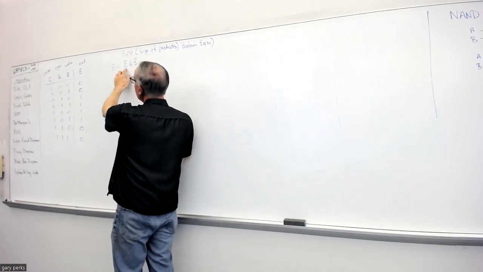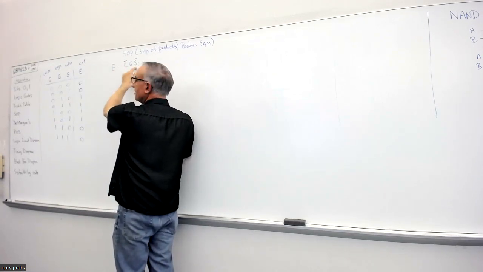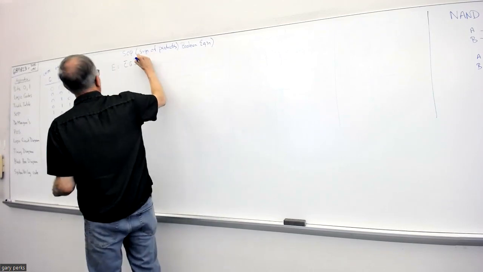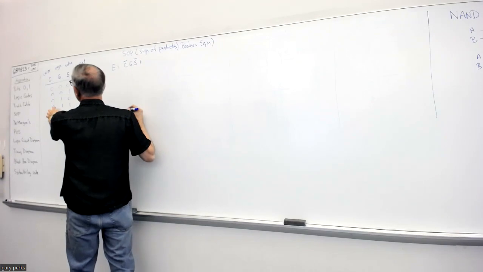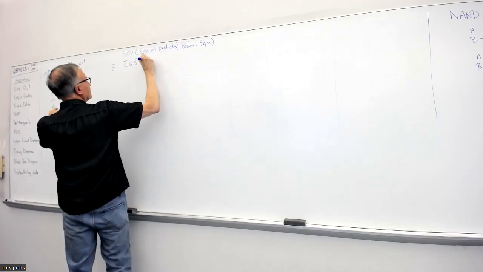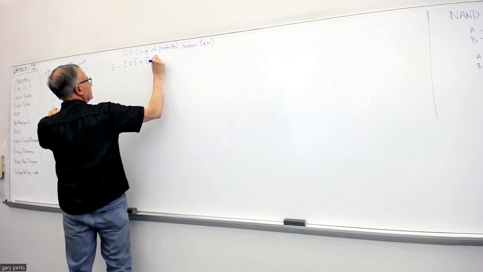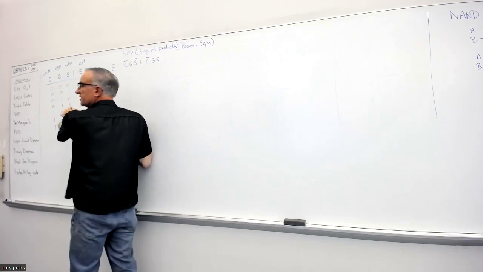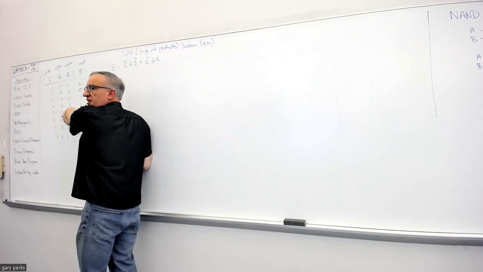So not chips and eggs and not salsa, I'm going to eat. Or I would eat not chips, eggs, salsa. That comes from this row of the truth table.